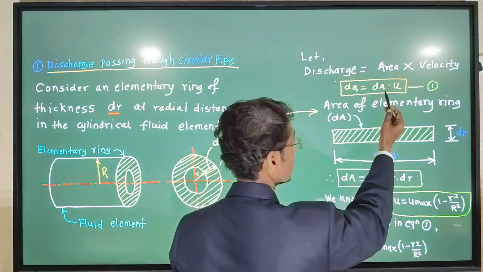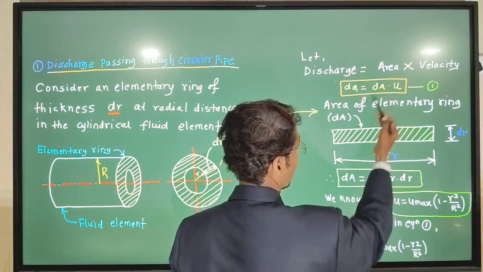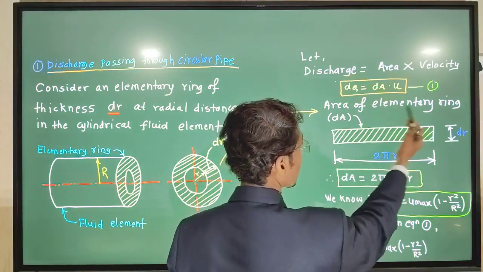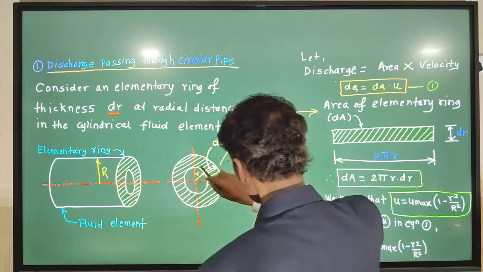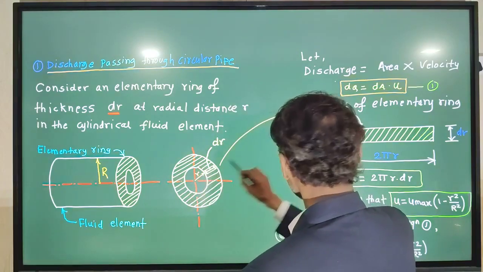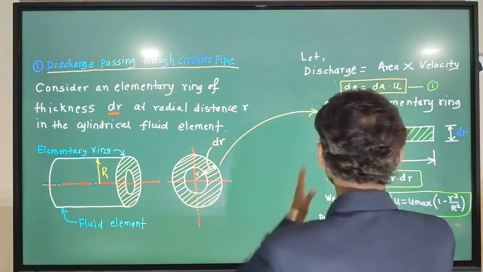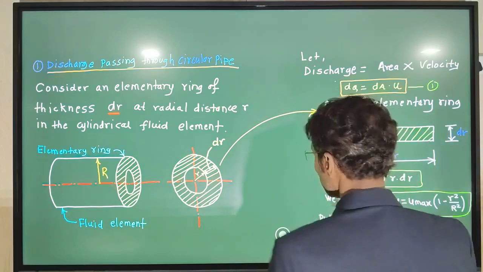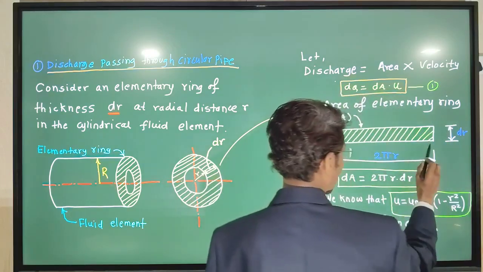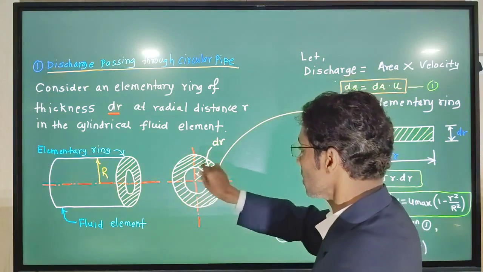Now let us see the terms of equation 1, first dA, the area of the elementary ring. We can write this area by drawing this circular portion in a rectangular form. The length of this rectangular shape will be the circumference of this circle.